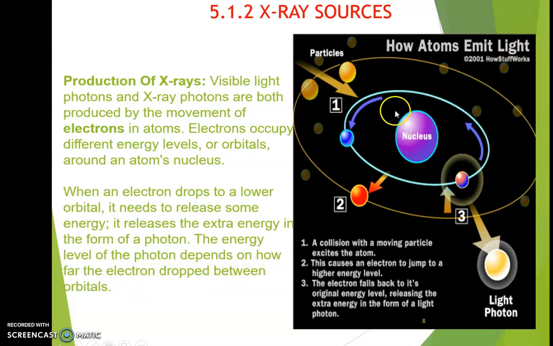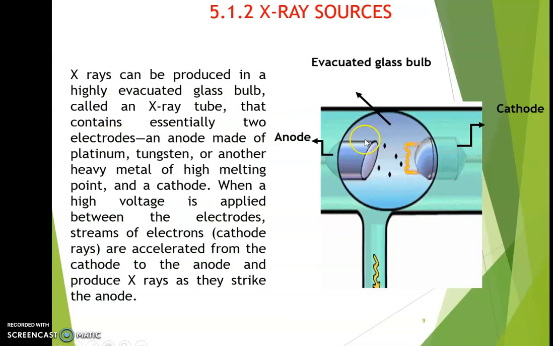From this diagram, we can see that as a particle comes in, it will produce a photon. X-ray can be produced in a highly evacuated glass bulb called an X-ray tube that contains essentially two electrodes: an anode made of platinum, tungsten, or another heavy metal of high melting point, and a cathode.